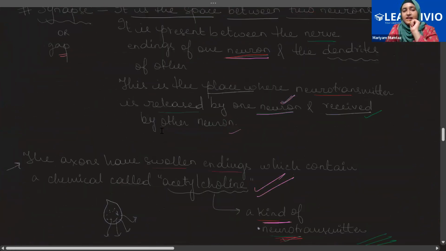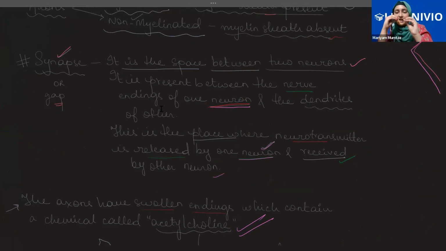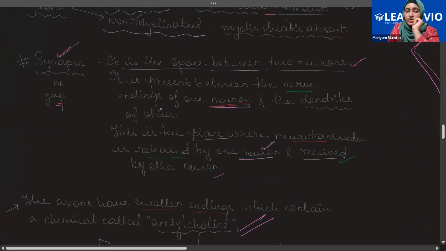After that comes the synapse or a gap. See, what happens in between two neurons, meaning the part where the first neuron is ending and the part where the second neuron is starting? There is a certain gap or a space present. That space is known as the synapse. The synapse is the space between two neurons, present between the nerve endings of one neuron and the dendrites of another neuron.